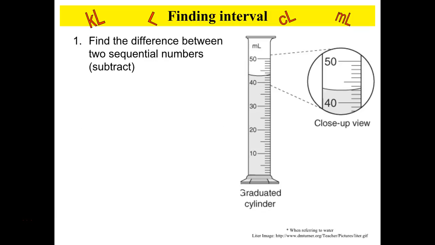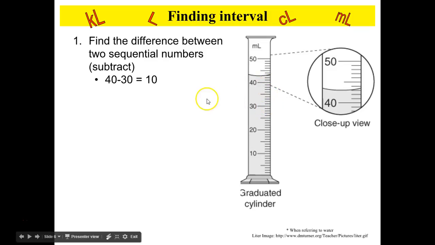To do this, first you find the difference between two sequential numbers, which means subtract. So I might find the difference between what I know to be 40 milliliters and what I know to be 30 milliliters. The difference there is 10. So I know there are 10 milliliters between these two marked lines.